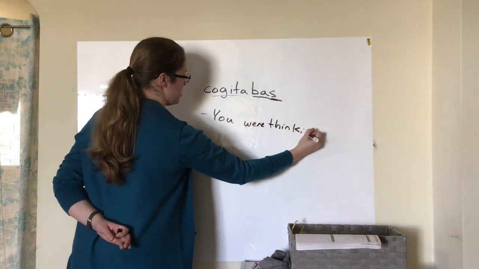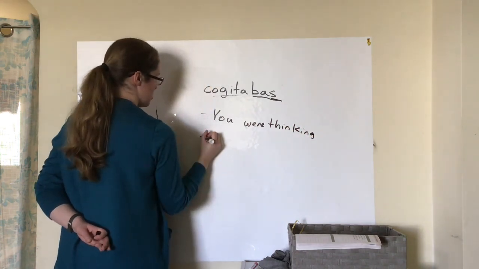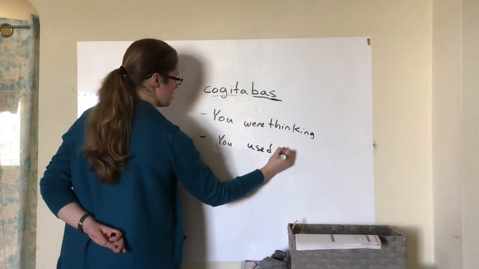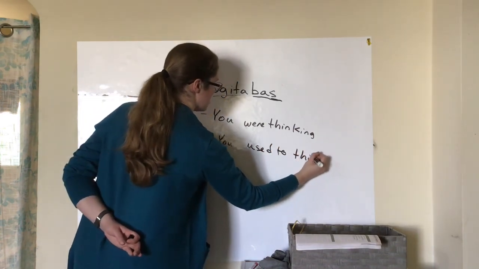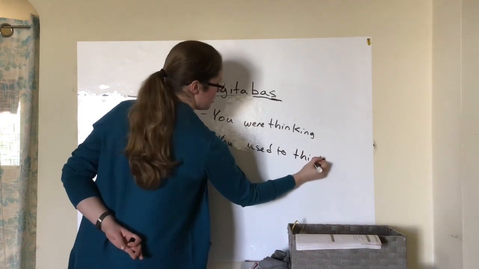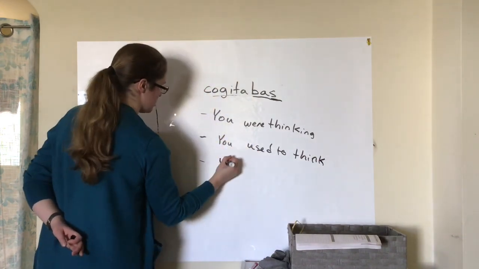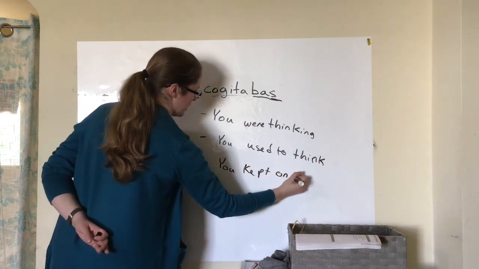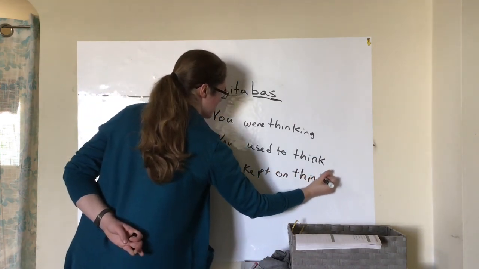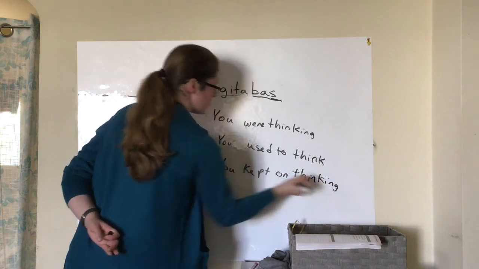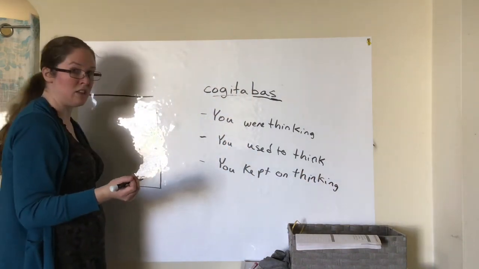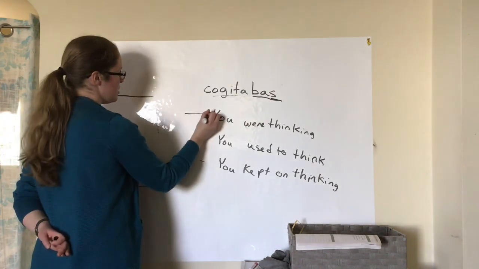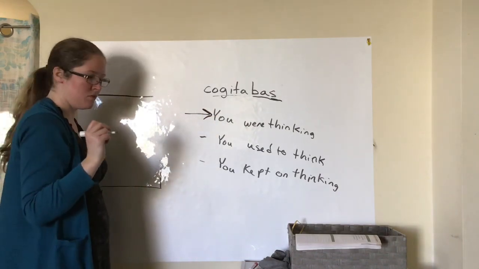That's our preferred version. You used to think. And you kept on thinking. You were thinking, you used to think, you kept on thinking. Cogitavas. All 3 valid. Preferable is the first one.